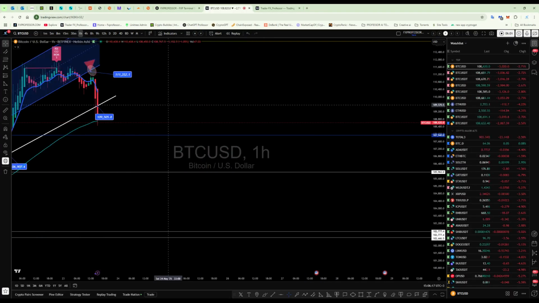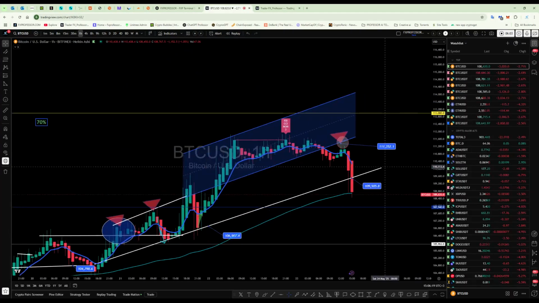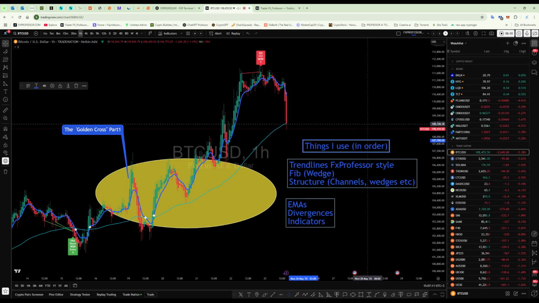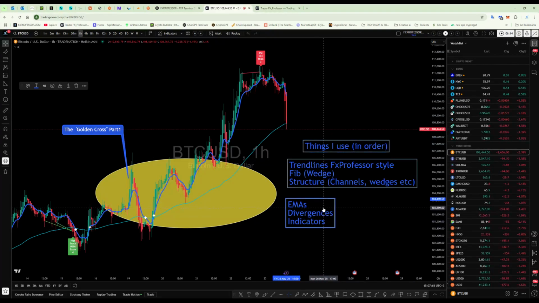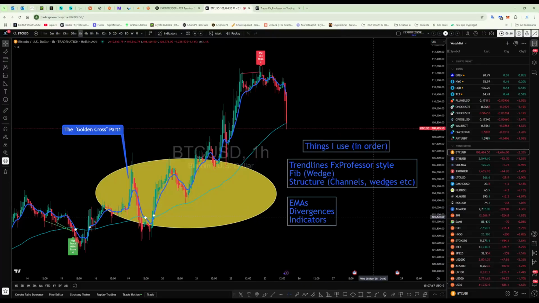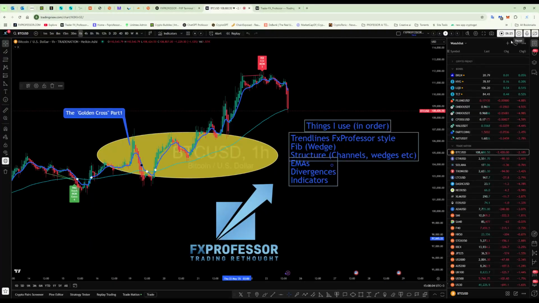And coincidentally or not, I'm telling you not, it was exactly there where we had the rejection at this structure. I'm happy to share the things I use and in which order I use them. I need to keep some things for myself, but I think it's more than enough for you to start looking at trading with what I call the trading rethought way.